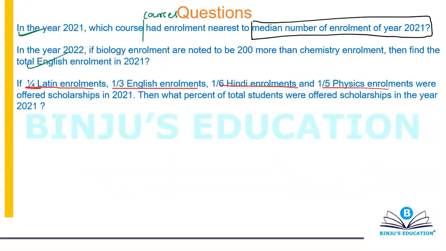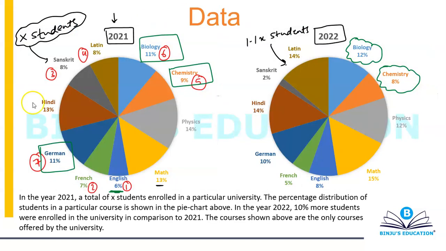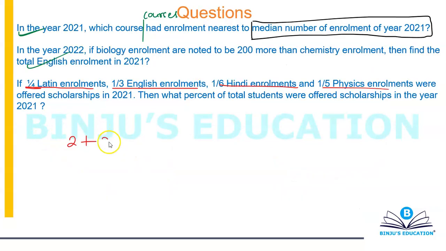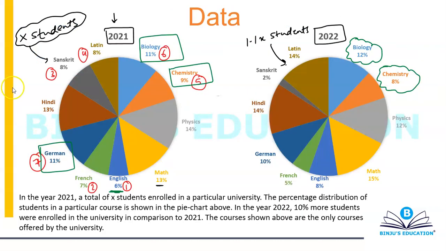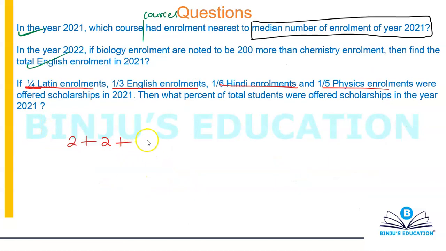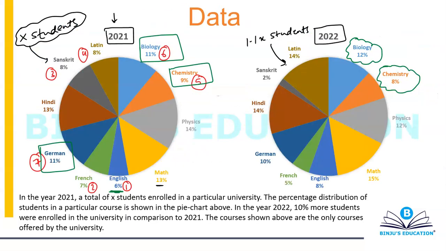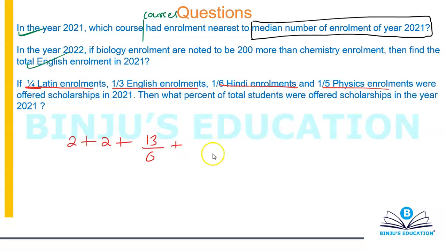Latin is 8, so 1/4 of 8 will become 2. 1/3 of English: English is 6, so 1/3 of 6 is again 2. 1/6 of Hindi: Hindi is 13, so that is 13 by 6. And 1/5 of physics. Physics is how much? 14, so 14 by 5.